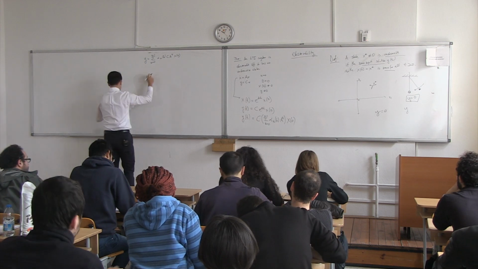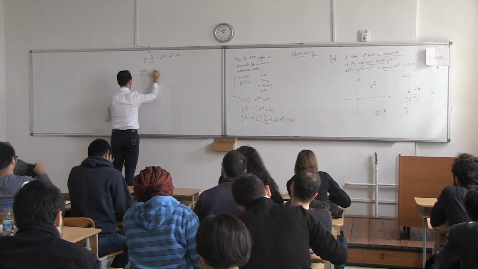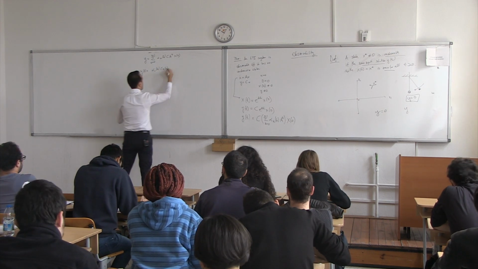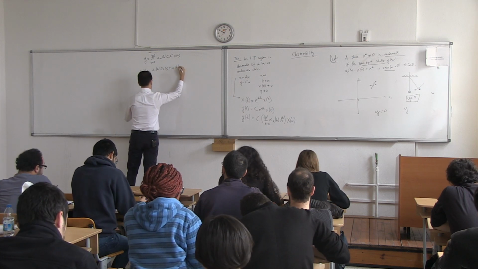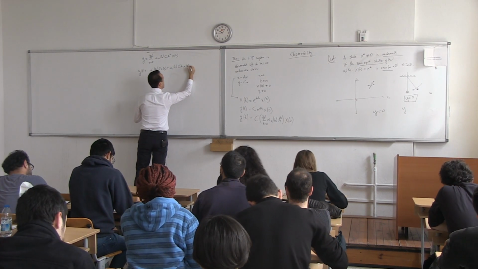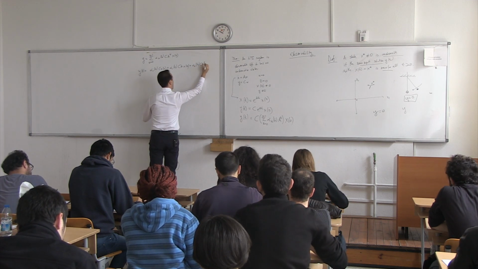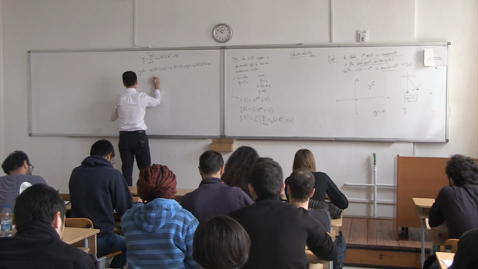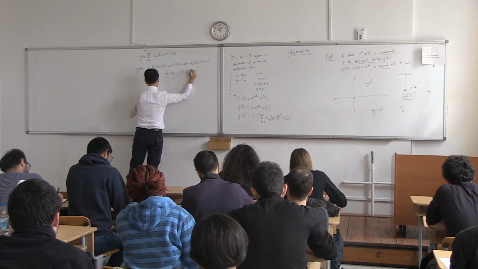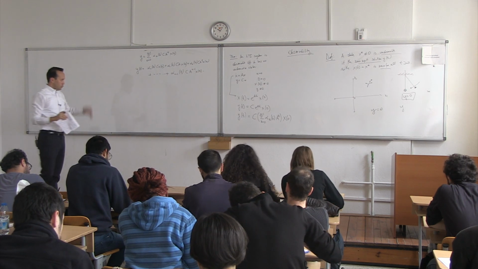If you open this up, here is what you get: y of t equals alpha 0 of t C x0, plus alpha 1 of t C A x0, plus alpha 2 of t C A squared x of 0, plus and so on up to alpha n minus 1 of t C A to the power n minus 1 x0. So this is your solution.